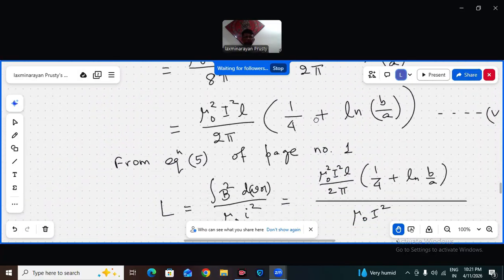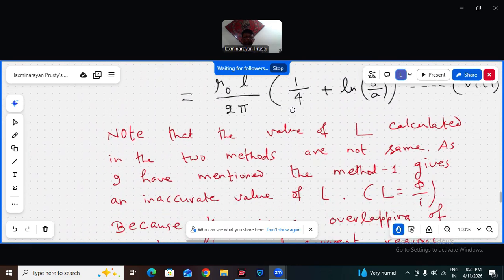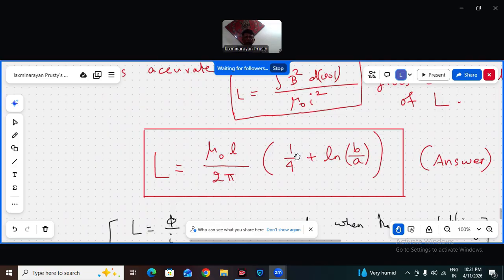So whether it is half or 1 by 4, if ln b by a is much larger, then we can ignore this 1 by 4 or 1 by 2. They will give you a similar value. But if a is comparable to b, then ln b by a will be small, and this 1 by 4 or 1 by 2 you cannot ignore.